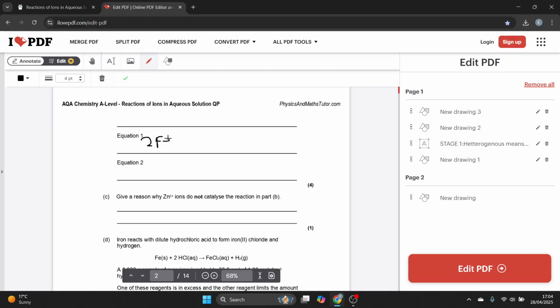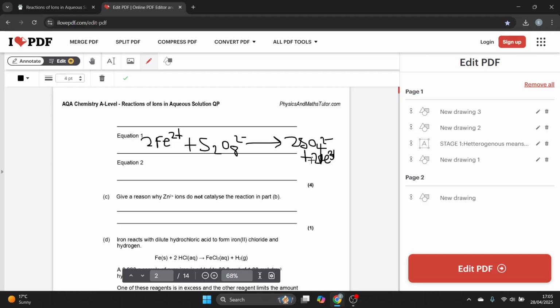So 2Fe2+ + S2O8 2- → 2SO4 2- + 2Fe3+. And guys, over these next couple of days I'm going to be posting so many videos on these equations from transition metals.